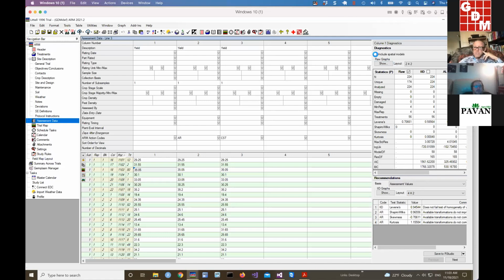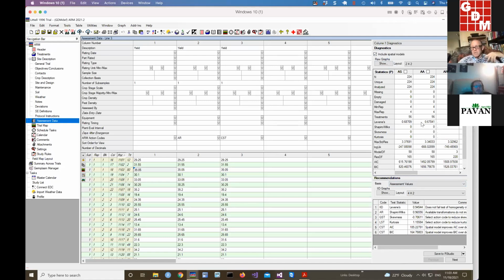But we also want you to explore whether a transformation will improve upon the assumptions of normality. And so we give you these tools in the column diagnostics dialogue to actually look at whether the recommended transformations will improve upon the normality of your data, which is not something you get to see in the report options.